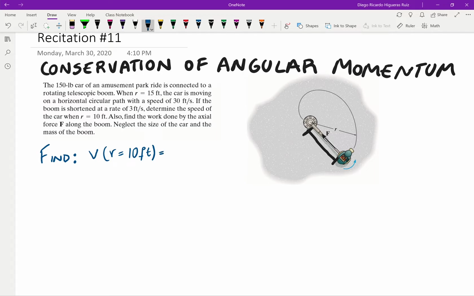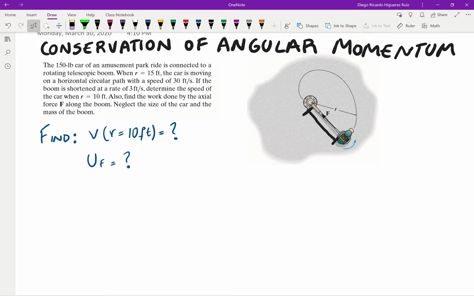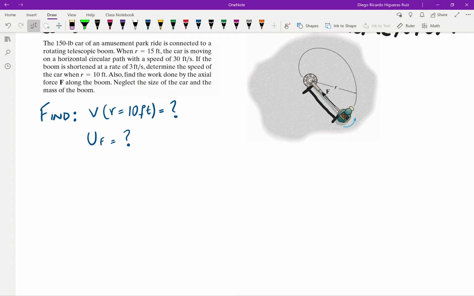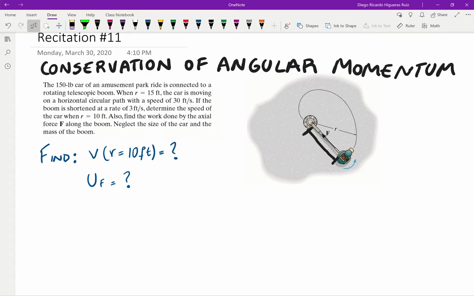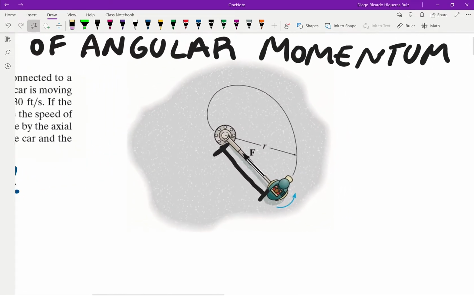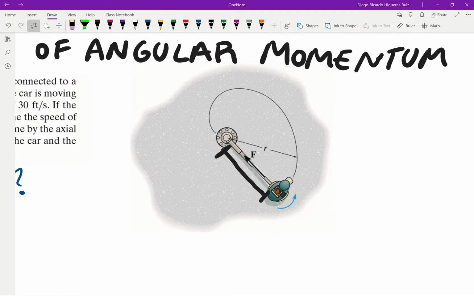But we also need to find the work done by the force along the boom. Okay, so we're just gonna use this figure to draw my velocities.